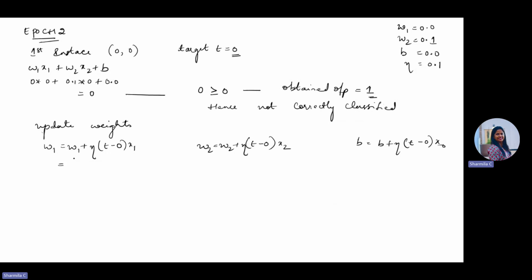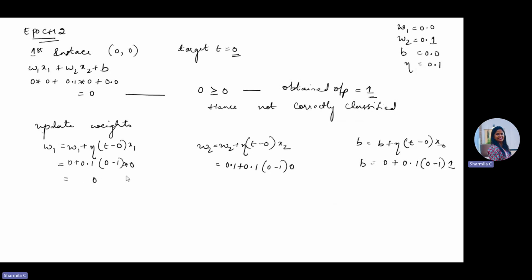Substitute the values now. You will get 0 plus 0.1 into, this target output is 0 here, 0 minus 1 into 0. W2 is 0.1 plus 0.1 into 0 minus 1 into 0. Then the bias value is 0 plus 0.1 into 0 minus 1 into 1.